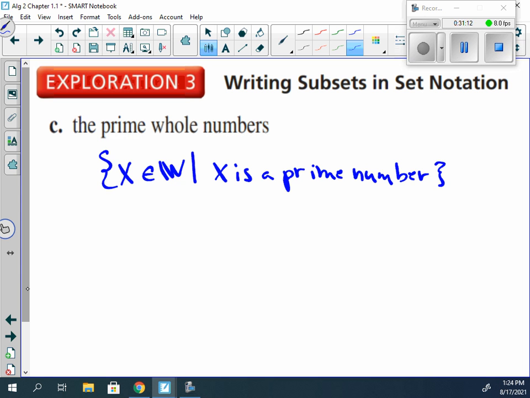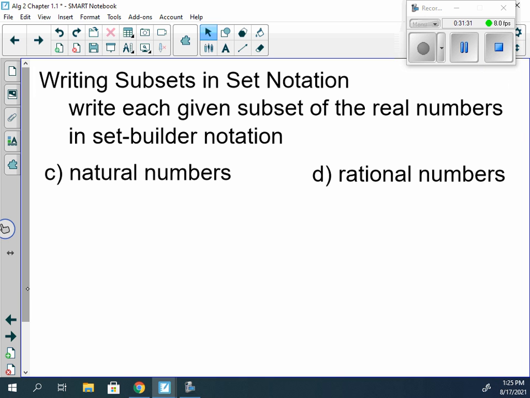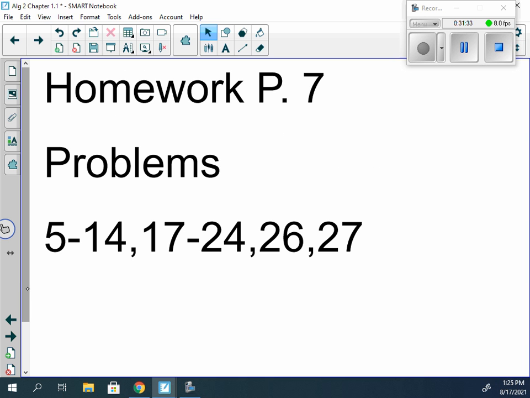Yeah, I don't find that interesting. I mean, essentially, you're just rewriting the statement with braces around either side. It's not really doing much. I mean, it'd be the same for integers and whole numbers, natural numbers, and rational numbers. So I'm not too concerned with that.